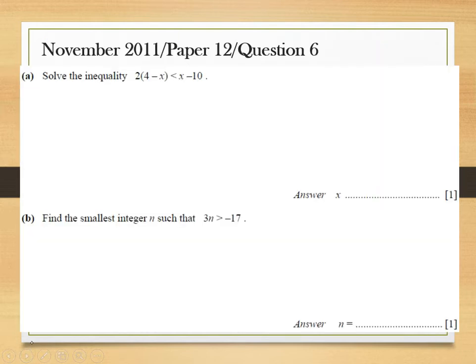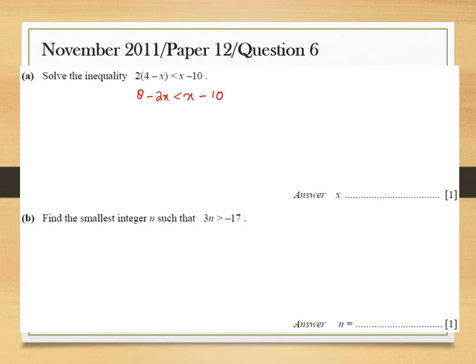Here I have taken one past paper question to explain this last point, from November 2011, paper 1, question 6. They are saying, solve the inequality 2(4 - x) < x - 10. If we open this bracket, 2 times 4 is 8, minus 2x, less than x minus 10.